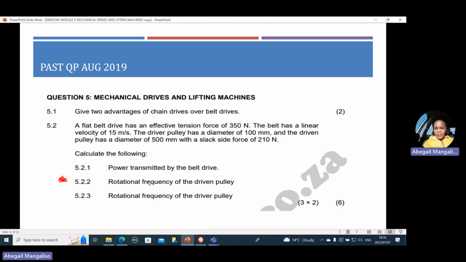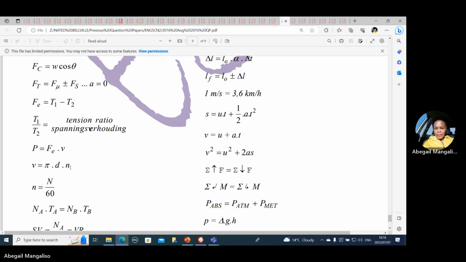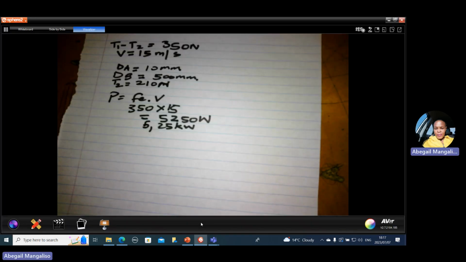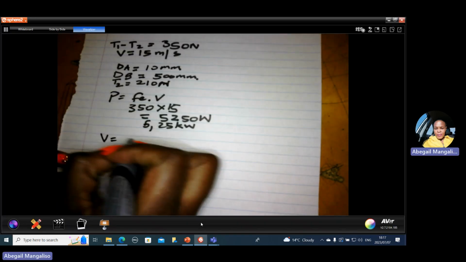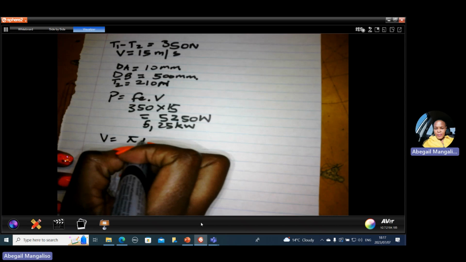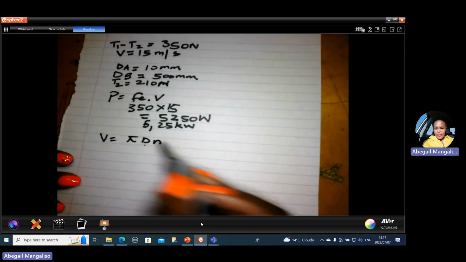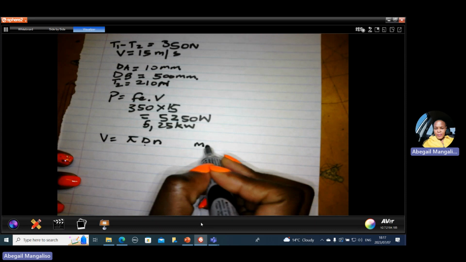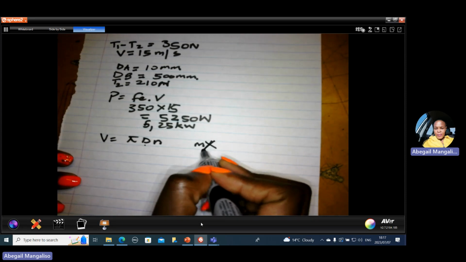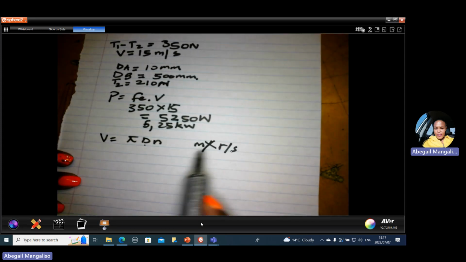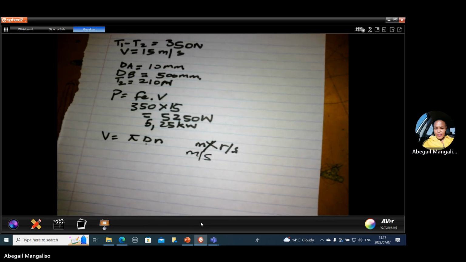A formula that has n is this one: velocity V equal to pi dn. When using that formula, this diameter must be in meters and n must be in revolutions per second so that you can get meters per second for a velocity.